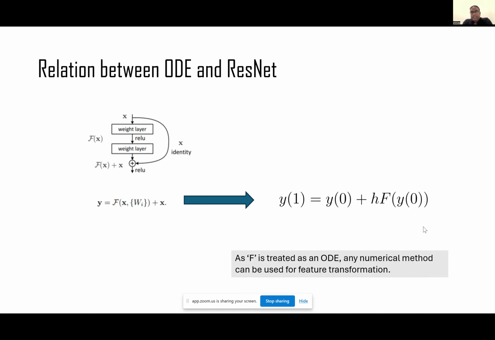So once we treat f as an ODE, we can use any numerical method. Instead of this simple skip connection, in terms of our deep learning architecture, the connections could be in a different way.